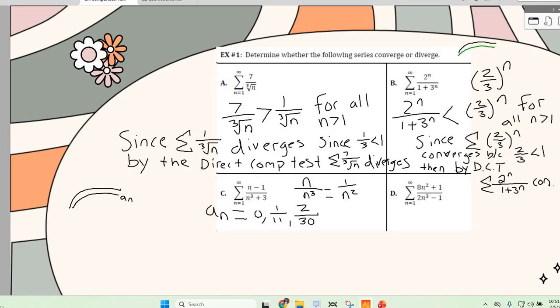Okay, now let's compare that to my second one. What do I get if I plug in 1? What do I get if I plug in 2? What do I get if I plug in 3? 1 9. We're okay with that. So, again, I want my original function to be smaller.